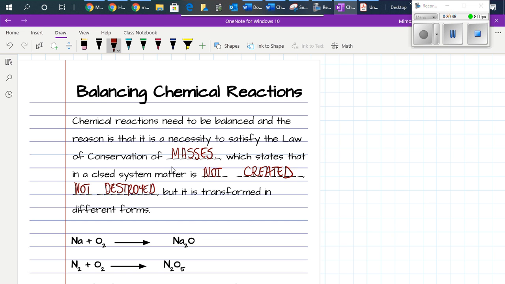Now you know that a chemical reaction has two parts: the reactants and products. So the number of atoms on the reactant side has to be the same as the number of atoms on the product side.